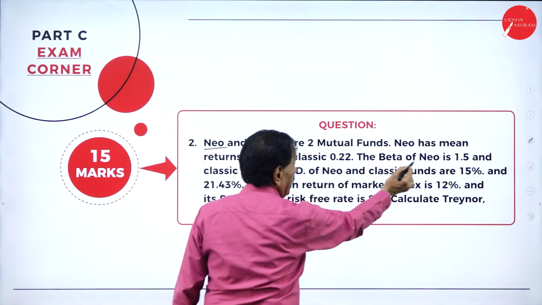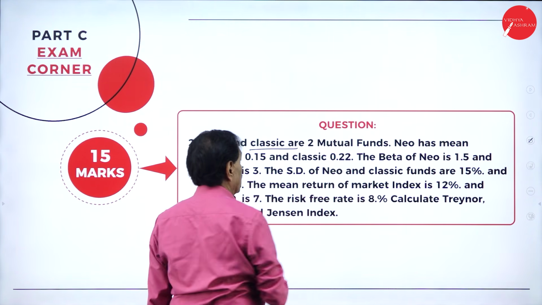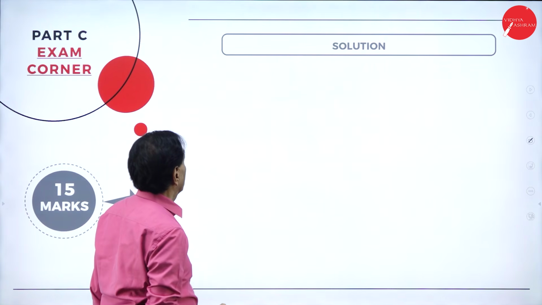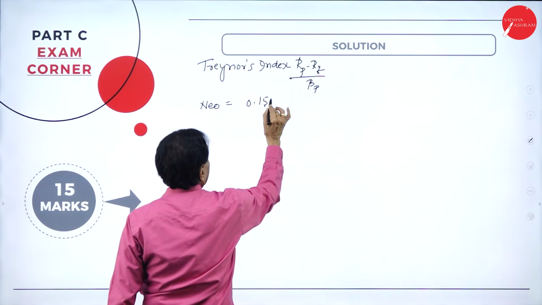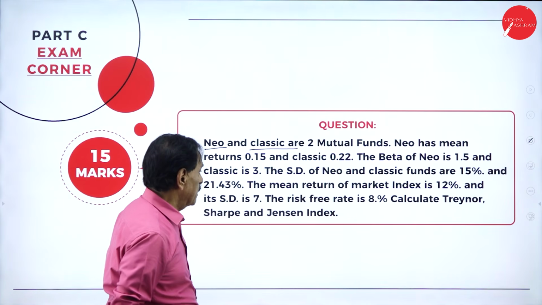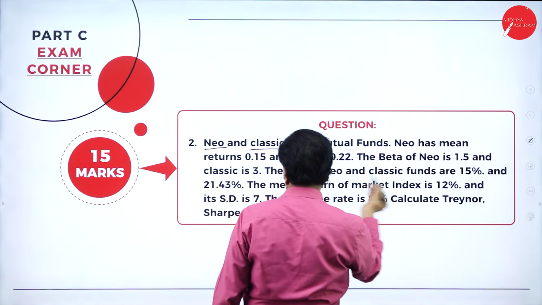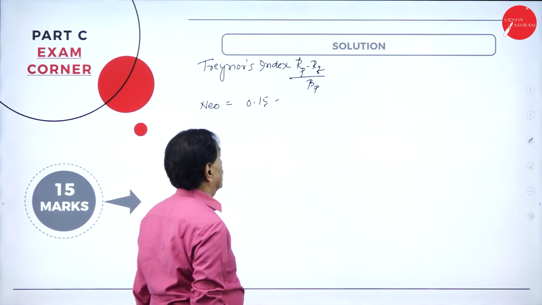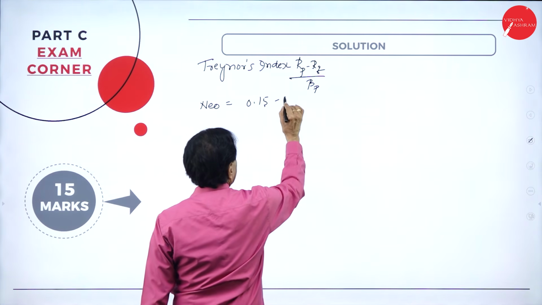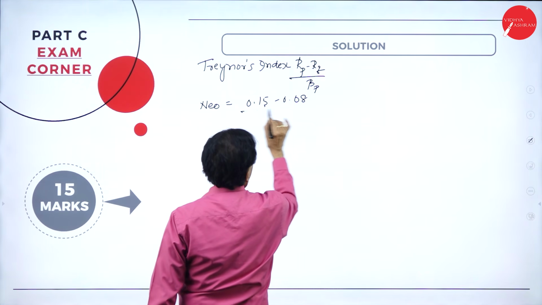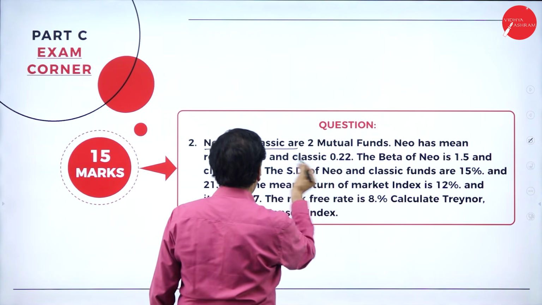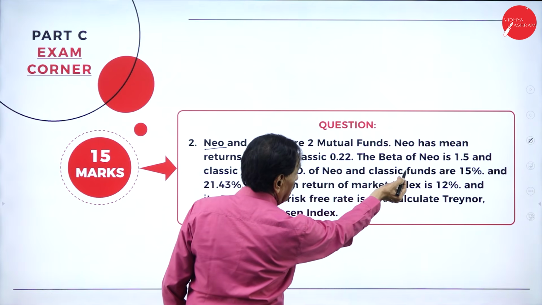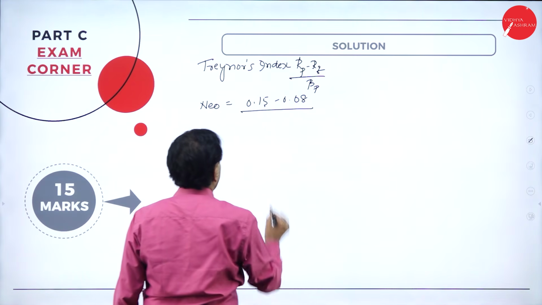Two mutual funds. NEO has a mean return of 0.15. Risk-free rate is 8%, 0.08, divided by beta. The beta of NEO is 1.5.